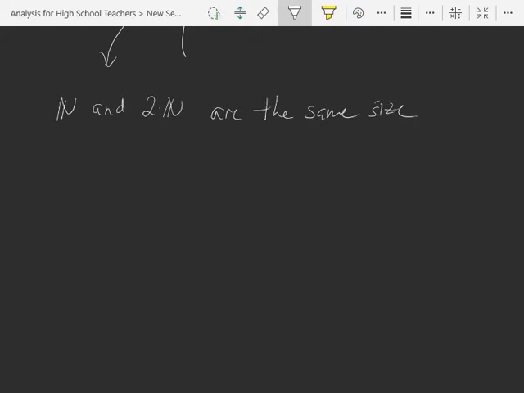Okay, so I need a correspondence. Let's take f. It's going to map the natural numbers to 2 times the natural numbers, which takes x and changes it to 2 times x. And I need a 1-to-1 correspondence the other way. So this says that n fits inside 2n.